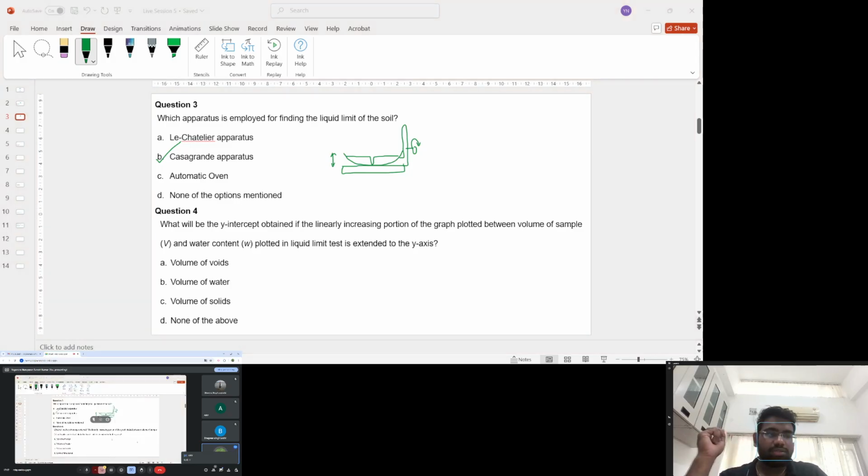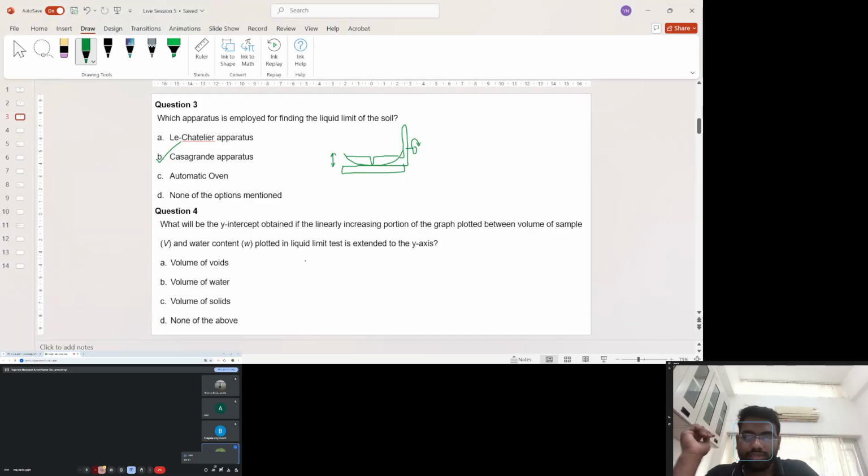Are you able to understand the question first? So now let us just draw the graph between volume of the soil sample and water content.